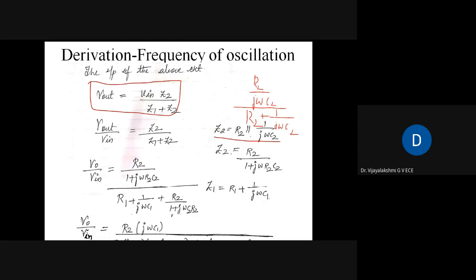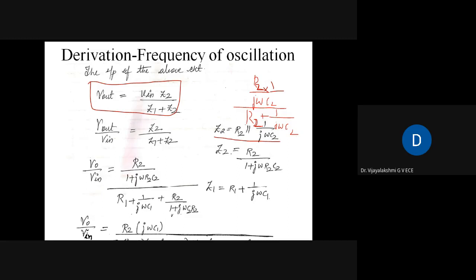So here I have the same thing. R1 R2, so R2 into R1 is, what? 1 divided by j omega C2, divided by R1 plus R2, that is R2 plus 1 divided by j omega C2.